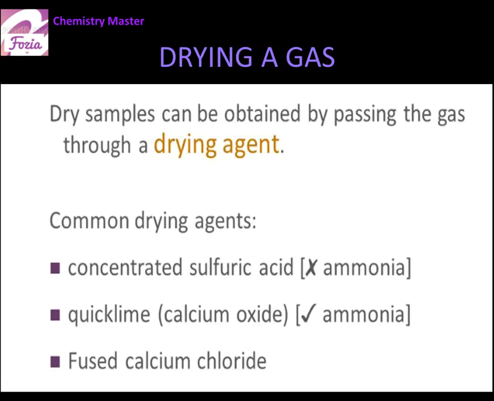Another time, if we are supposed to dry a gas, it means we need to remove the water vapors from the gas coming out through some aqueous medium after reaction. So drying a gas means to remove water, and to remove water we need some drying agent.